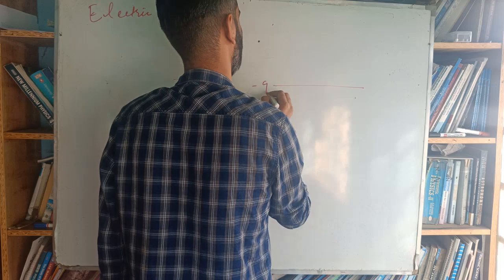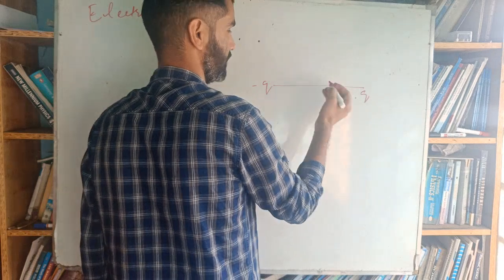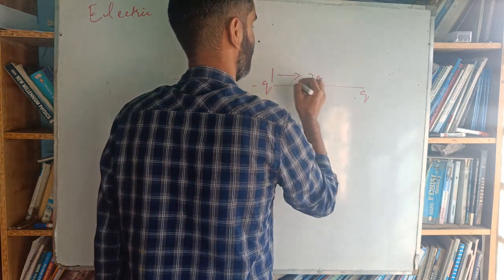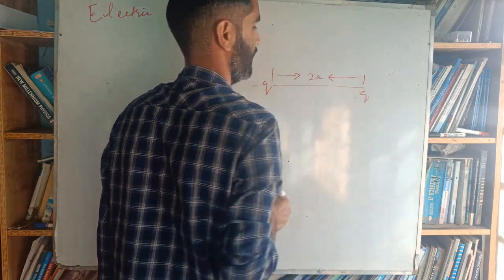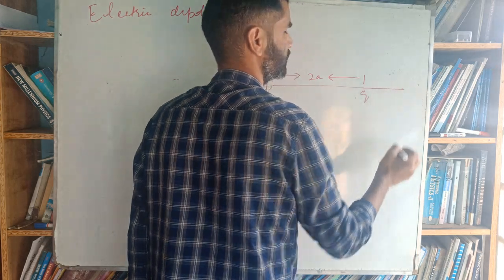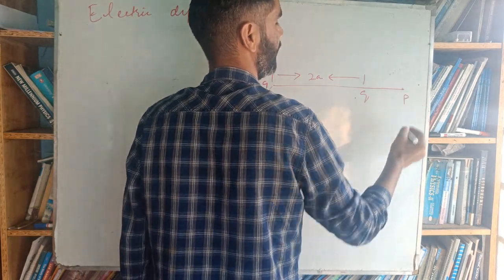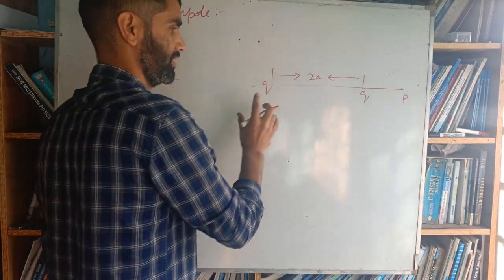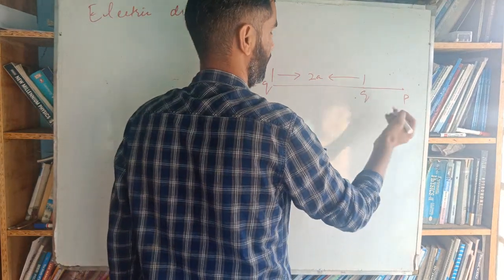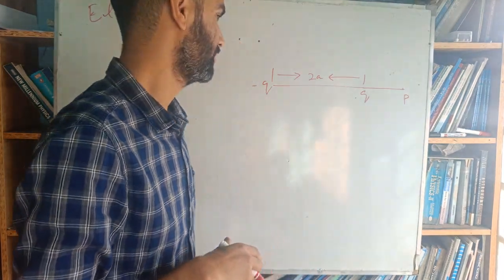Suppose this is an electric dipole, minus q and plus q charge, and conventionally we take this separation distance as 2a. The length of the dipole is taken as 2a for solving the problems. So at point P, on the axial line of this dipole, that is along the dipole, I want to know the electric field intensity due to this charge combination minus q, plus q.